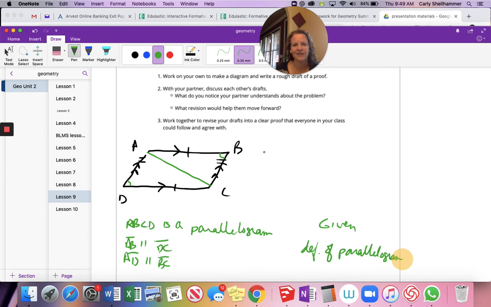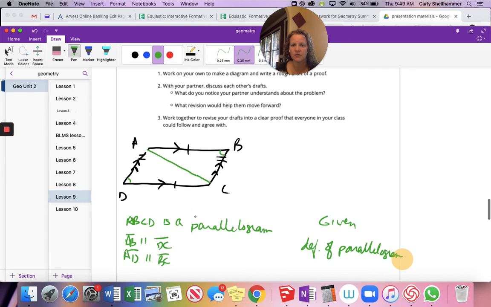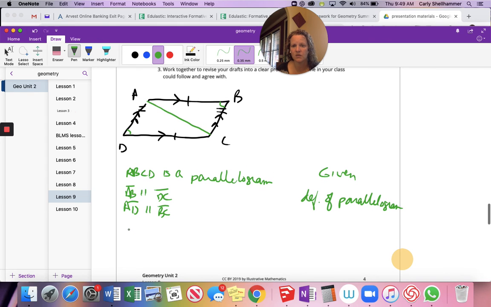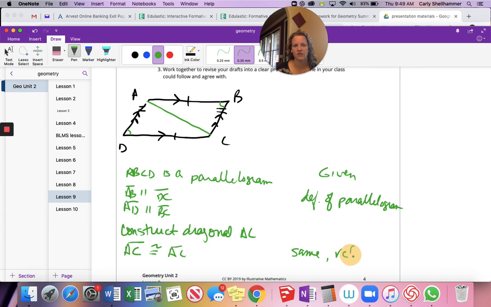So we have given stuff and we're looking to prove stuff. So I'm going to construct diagonal AC. And now I can actually say that AC is congruent to AC because they are the same, because they're reflexive.